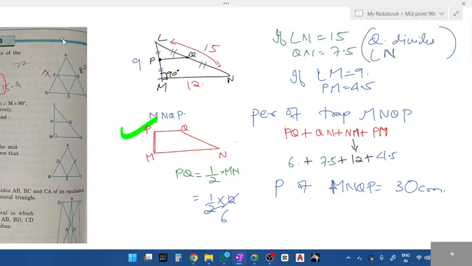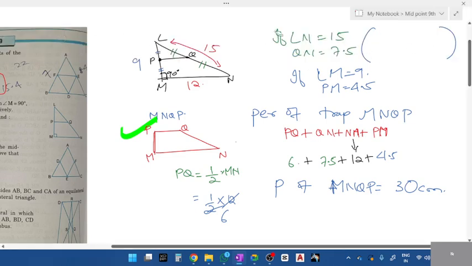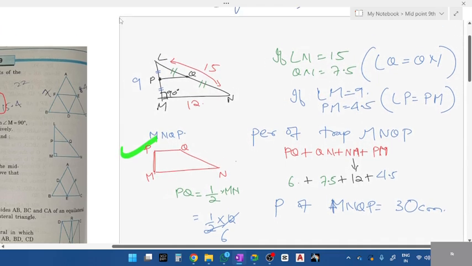You can write it like that, or you can just mention LQ is equal to QN. Fine. For LM and PM, what will you mention? LP is equal to PM. That's half of it. It is understood. Midpoint meaning is half. Fine. That's it. You do this question.